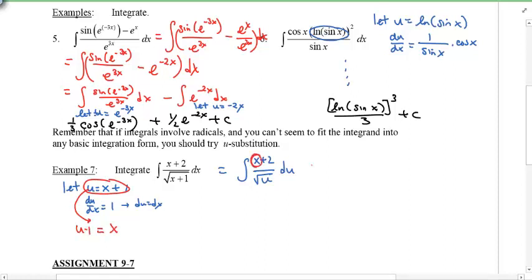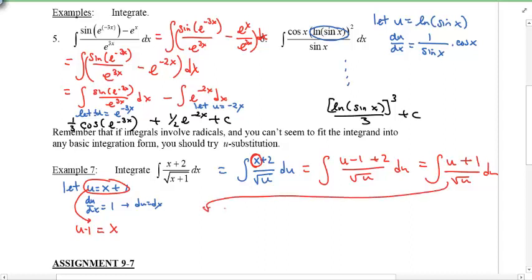So now replace x with u minus 1 plus 2 over root u du, which of course equals the integral of u plus 1 over root u du. And then we can actually separate this into u over root u plus 1 over root u du. And then we can simplify that into u to the half plus u to the negative 1/2 du.